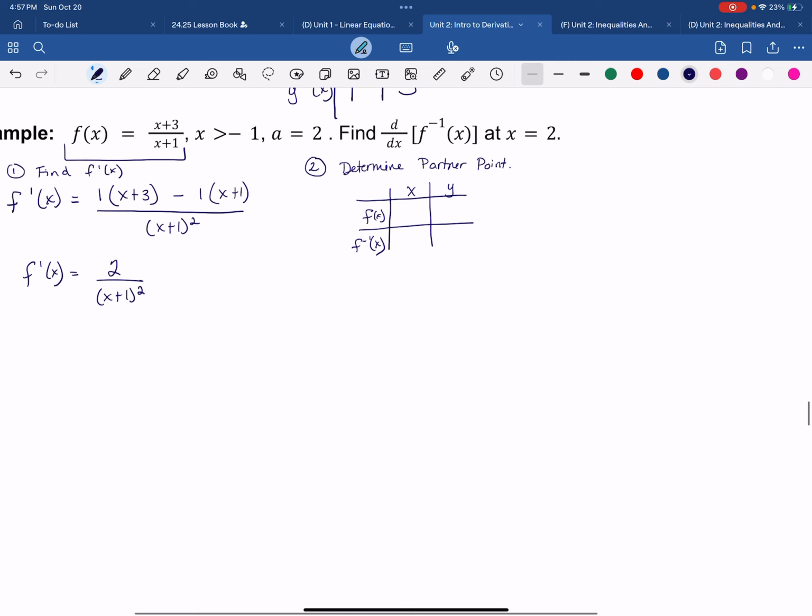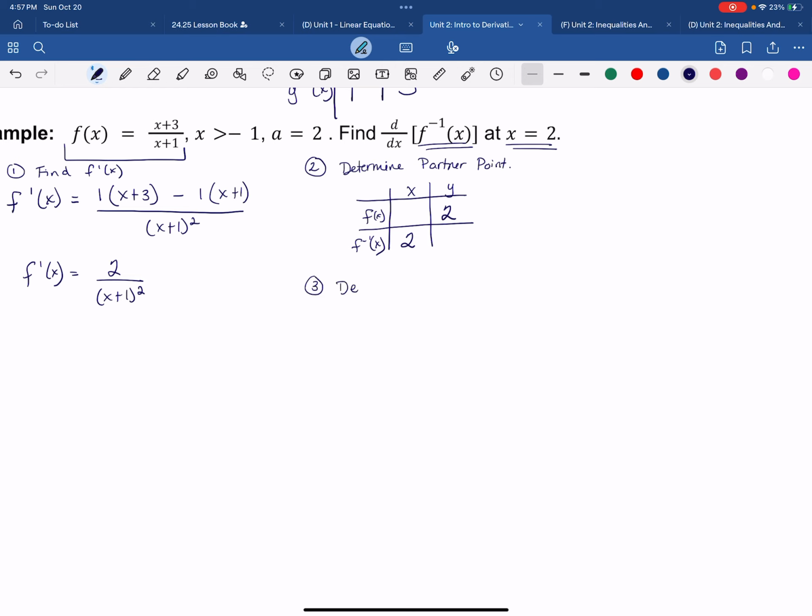And what I need to find, it wants me to find my inverse function when x equals 2. So that means my x value for my inverse function is 2, which means that's the output for my f of x function.